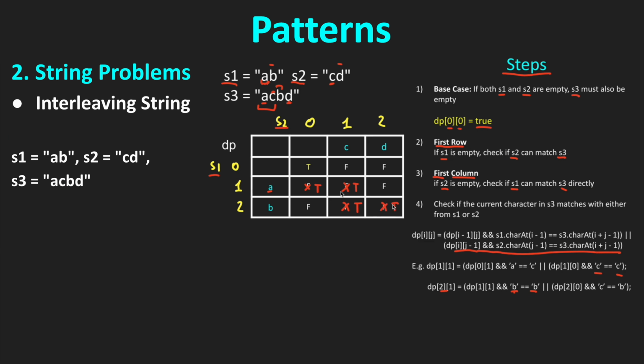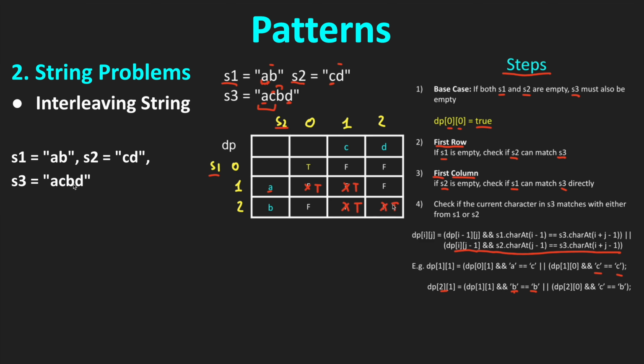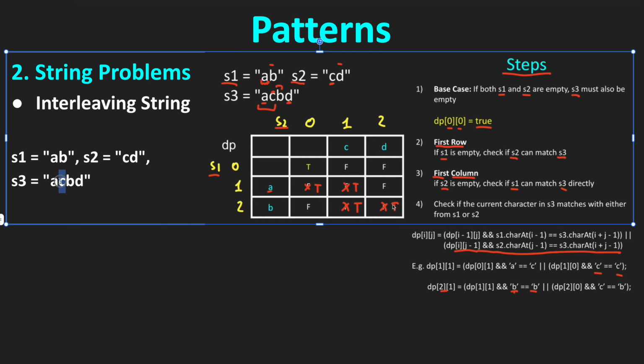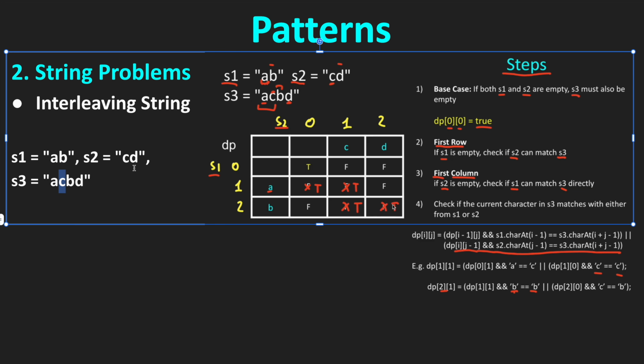So for the case of 1 and 1, we are checking the last character, which is C. We compare whether C is equal to one of these characters: is C equal to A, or is C equal to C? Yes, in this case C is equal to C.